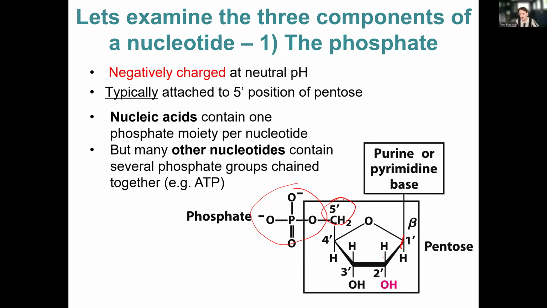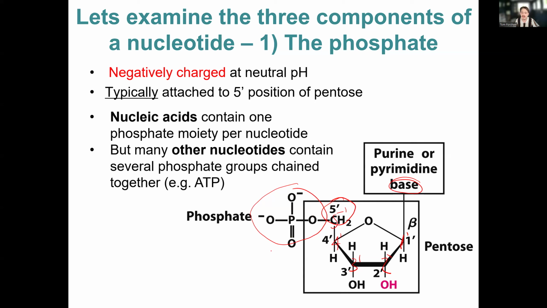So it's carbon number 1, 2, 3, 4, 5, and we give it a little prime in nucleotides to differentiate it from the carbons of the base. So the carbons of the base are just 1, 2, 3, 4, 5, 6, etc. Whereas of the sugar, it's 1, 2, 3, 4, 5 prime each time. So we can tell the difference between them.